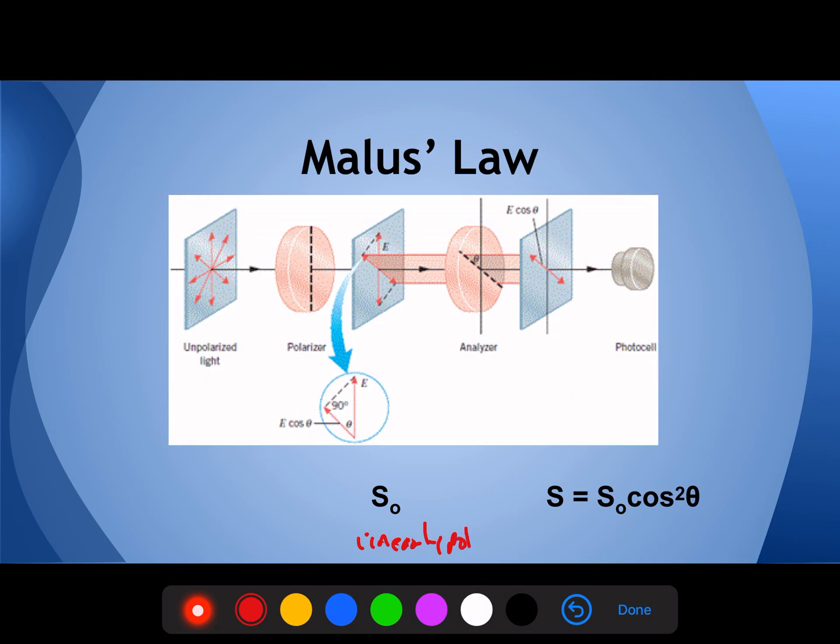That intensity will be reduced by the cosine squared of the angle between the direction that it is polarized in and the orientation of the second polarizer. So we're going to talk a lot more about Malus's law in the next lecture, but I just wanted to introduce it to you briefly in this one.